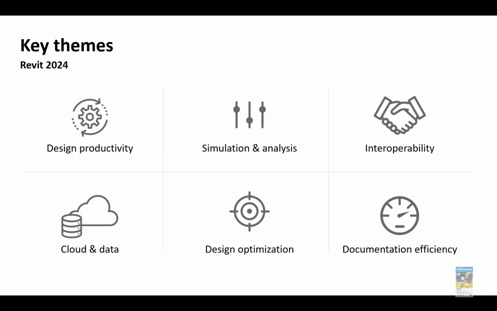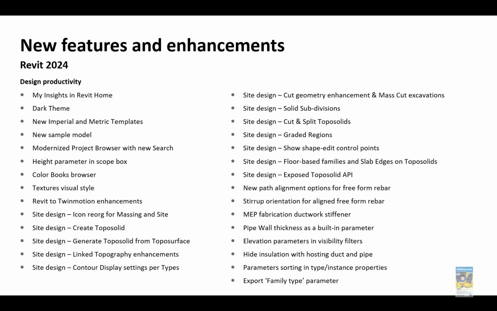There are 6 areas that we're going to focus in on: design productivity, simulation and analysis, interoperability, cloud and data, design optimization, and documentation efficiency. For design productivity, there are quite a few new enhancements.